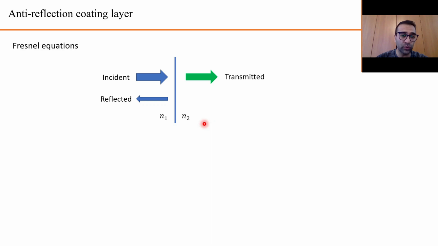And Fresnel showed that the fraction of the wave that is reflected can be expressed by this equation. r is (N1 minus N2) divided by (N1 plus N2). And the fraction of the wave that is transmitted to the second medium is 2N1 divided by (N1 plus N2).